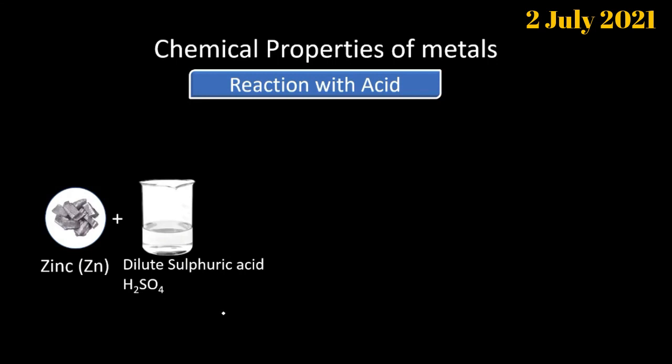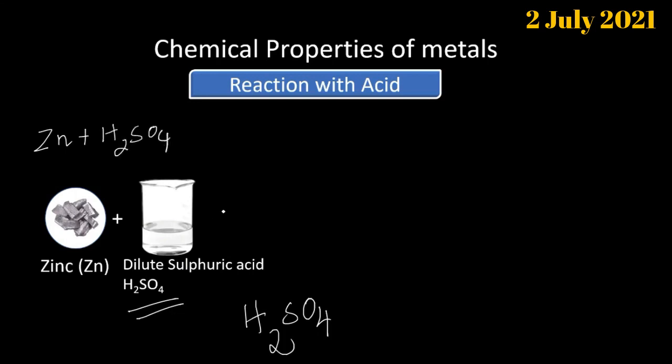This is the formula of sulfuric acid. It is written as H2SO4. So how to pronounce it? H2SO4, right? So what actually is going on here is zinc plus H2SO4, right? This is not water, this is the acid, and it is dilute acid.